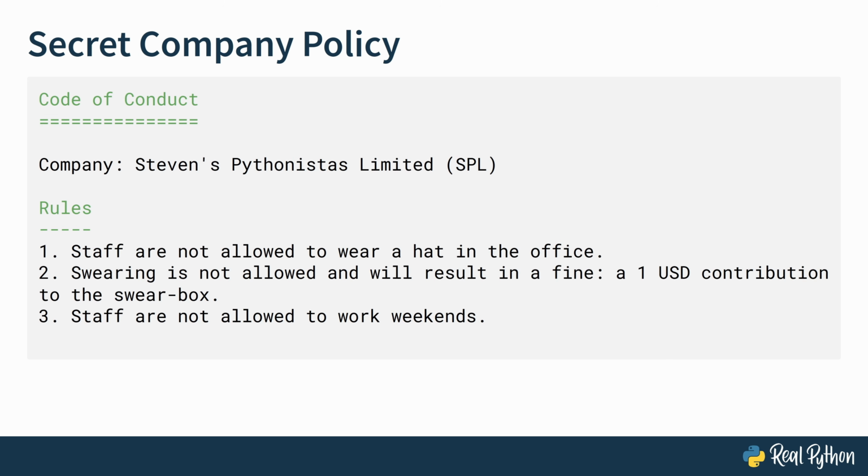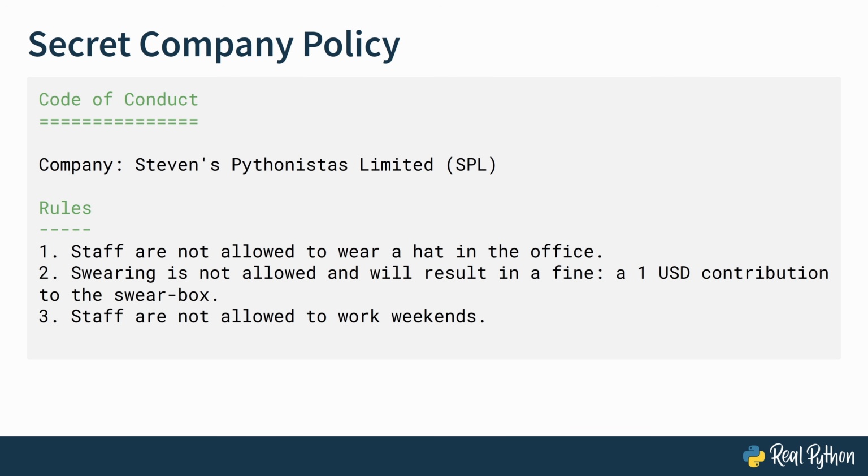Now, this is the secret company policy. So it's a code of conduct for Stevens Pythonistas Limited. And there are 3 rules. First one is that staff are not allowed to wear a hat in the office. Secondly, swearing is not allowed, and it will result in a fine, which is a $1 contribution to the swear box. And thirdly, staff are not allowed to work weekends.